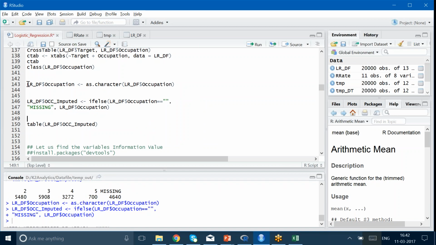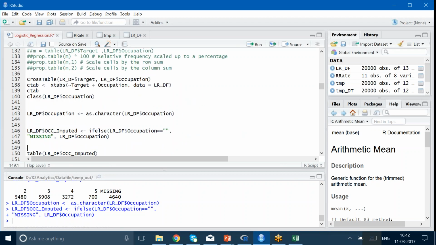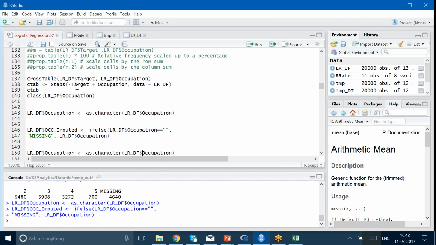So I'll run the same step again, and after doing all this, I can go here and make it a factor again. Done. So whenever you are working with a factor type of column, you have to be very cautious when writing these if else conditions.